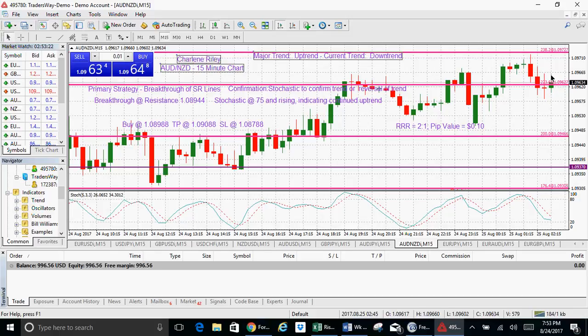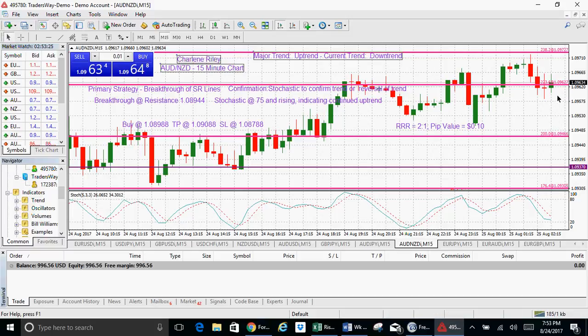And if we have that confirmed break, then I would enter into a buy. Or if we have a confirmed break below this same line, I would be looking to get into a sell.